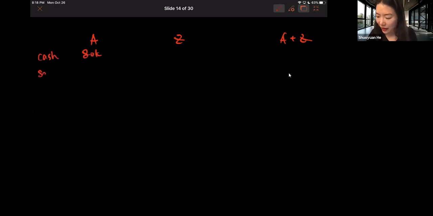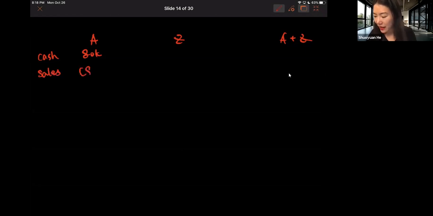At the same time, it is making sales of 80,000. This is the journal entry to record sales. And then we need to record the cost associated with that inventory, so Arlington should record cost of goods sold of 50.